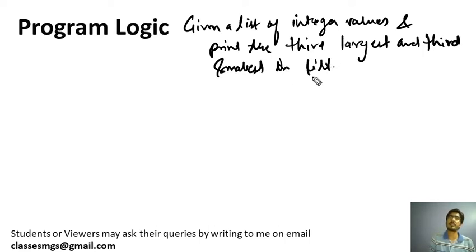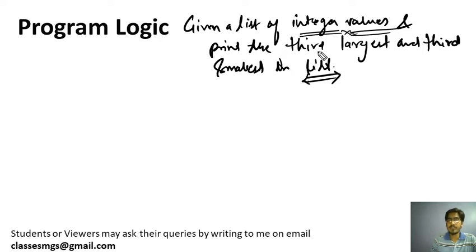There are so many logics to solve this problem. I am going to solve it with one of the ways. If time permits, I will discuss two ways, but if time doesn't permit, I will discuss the one way that will work for you.